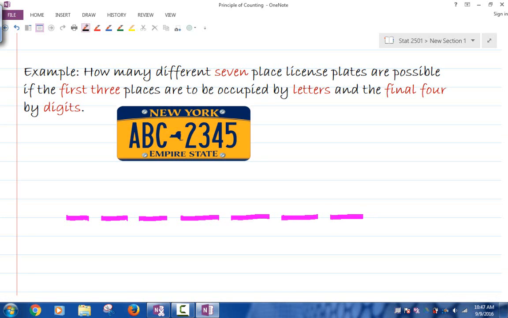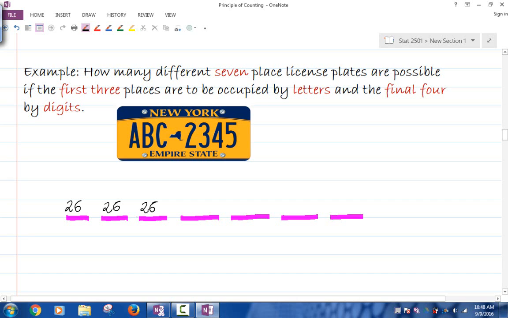The first 3 places are to be occupied by letters, right? How many possibilities do I have for the first place? Assuming that we are using the English alphabet, we have 26 letters. So there are 26 possibilities for the first place. There is no restriction on whether I can use the same letter or not, so there are still 26 possibilities for the second place, 26 possibilities for the third place.